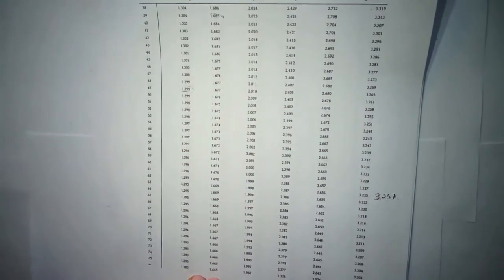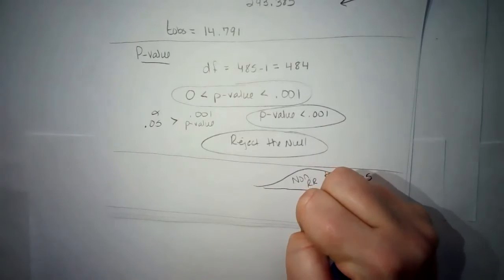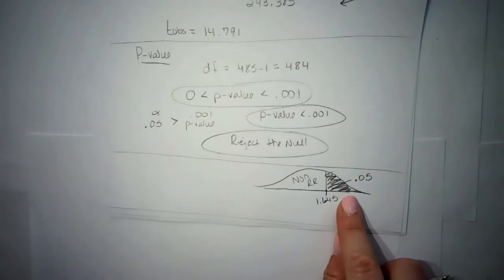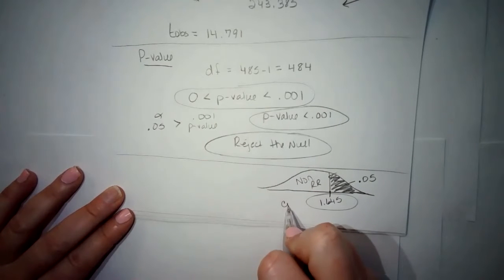Looks like my critical is going to be 1.645. Everybody see that? 1.645. Now, I didn't have to divide alpha by 2. I didn't have to multiply alpha by 2. I didn't have to do anything because it wasn't a two-tailed test. So that's my critical value.